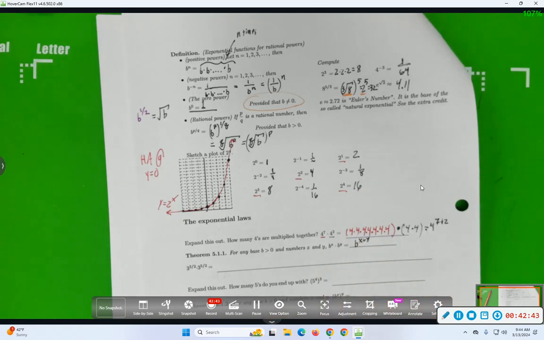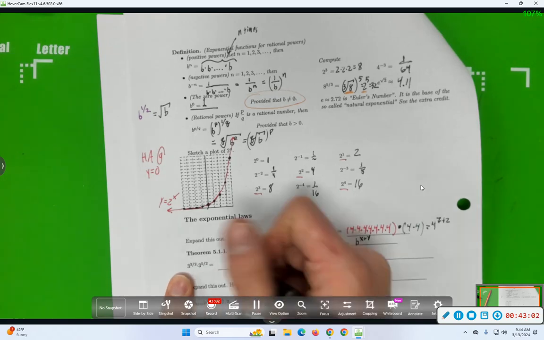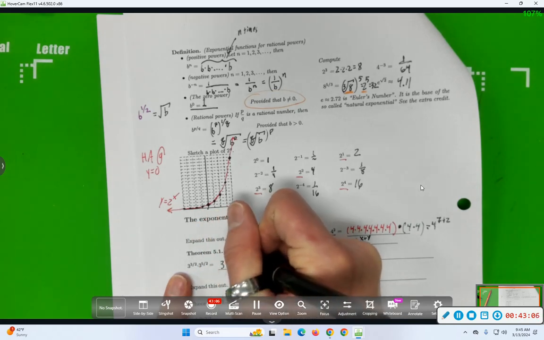And in order to see an opportunity where that's useful, let's use that to compute 3 to the 3 halves times 3 to the 5 halves without using a machine. Do they both have the same base? Cool. So the exponents should add: 3 to the 3 halves plus 5 halves.